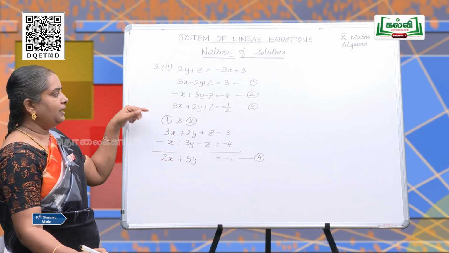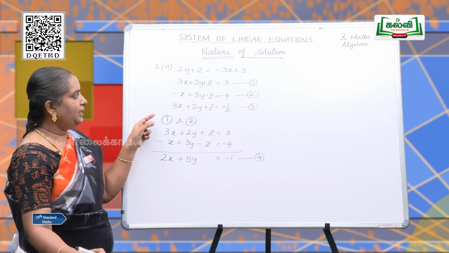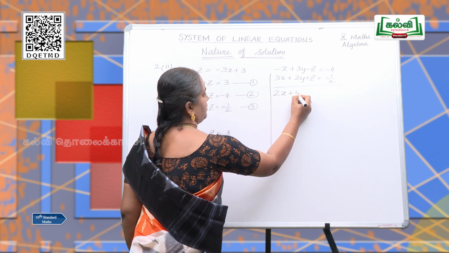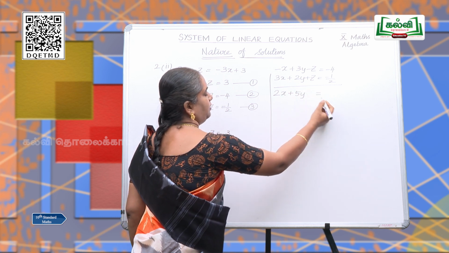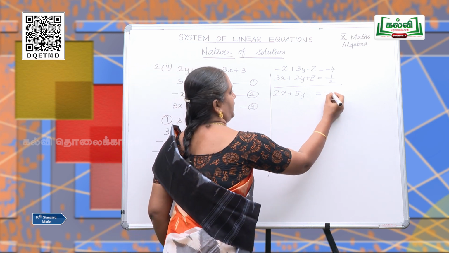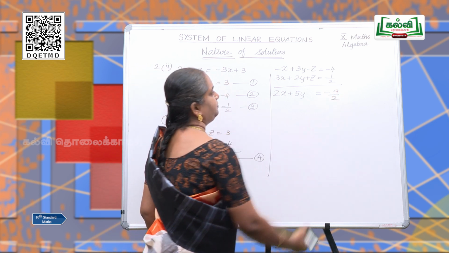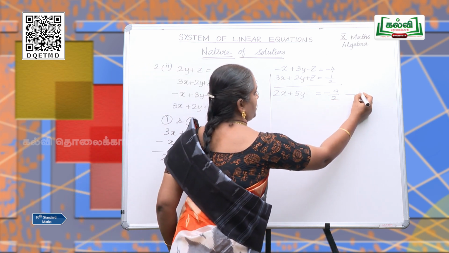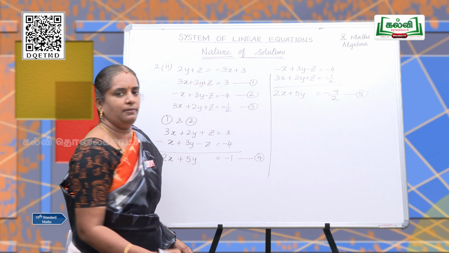From the second and third equations, we eliminate the same z. Adding these two, we get 2x plus 5y is equal to minus 9 by 2. Look at these two equations, the fourth and fifth equations.